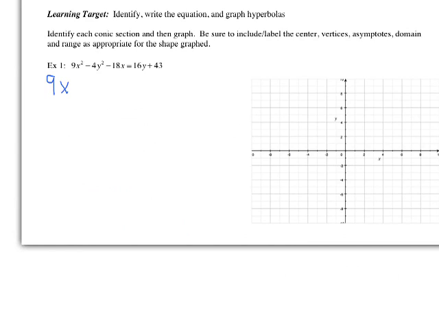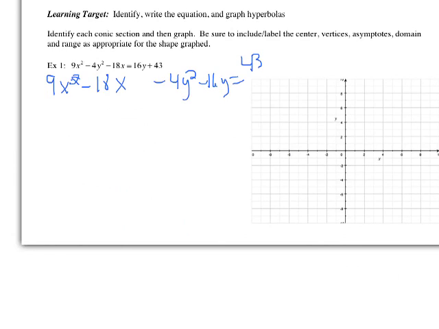So I have 9x squared minus 18x, and I have negative 4y squared minus 16y equals 43.